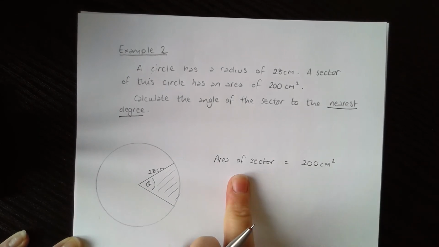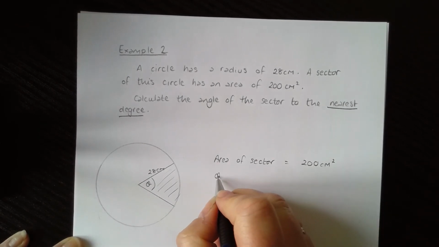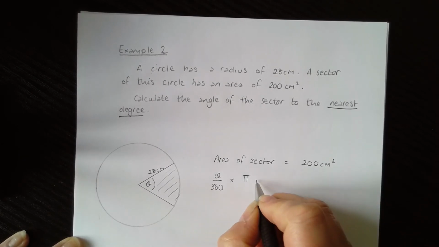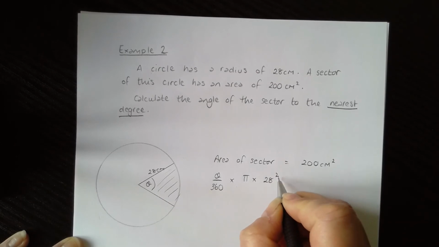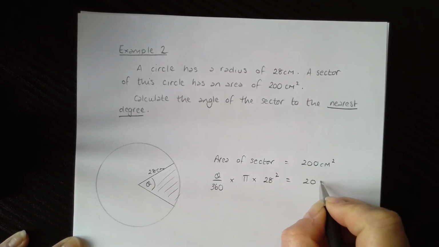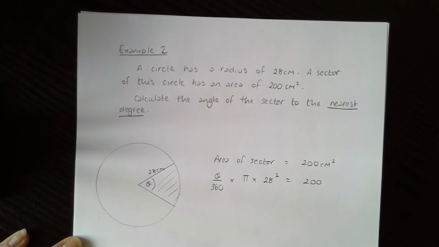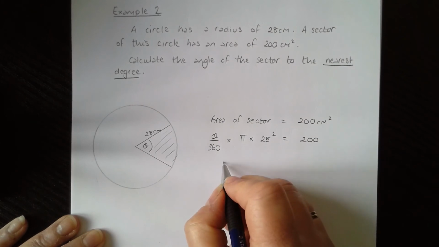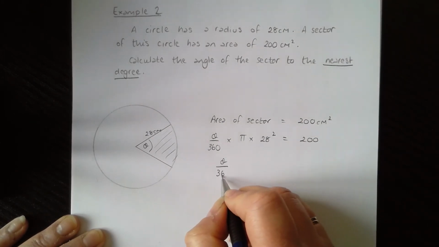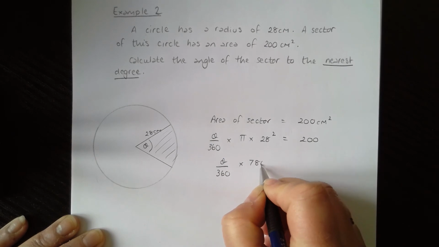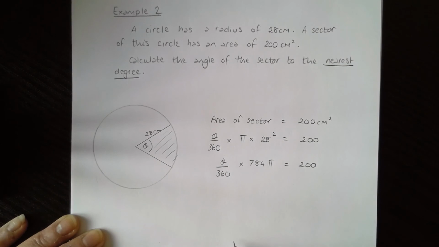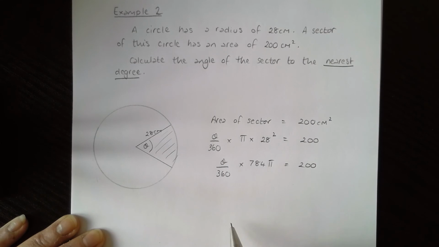We know the formula for the area of a sector is theta over 360 times by, in this case, pi times by 28 squared, and that's equal to 200. As before, keeping everything in terms of pi and simplifying, that will be theta over 360 times by 784 pi is equal to 200. So now we need to find theta, which means we need to start undoing the left hand side.